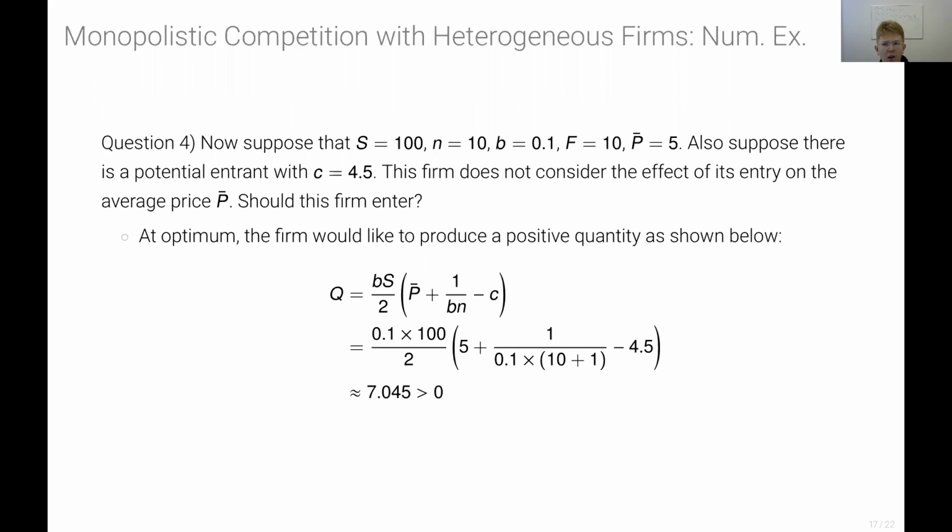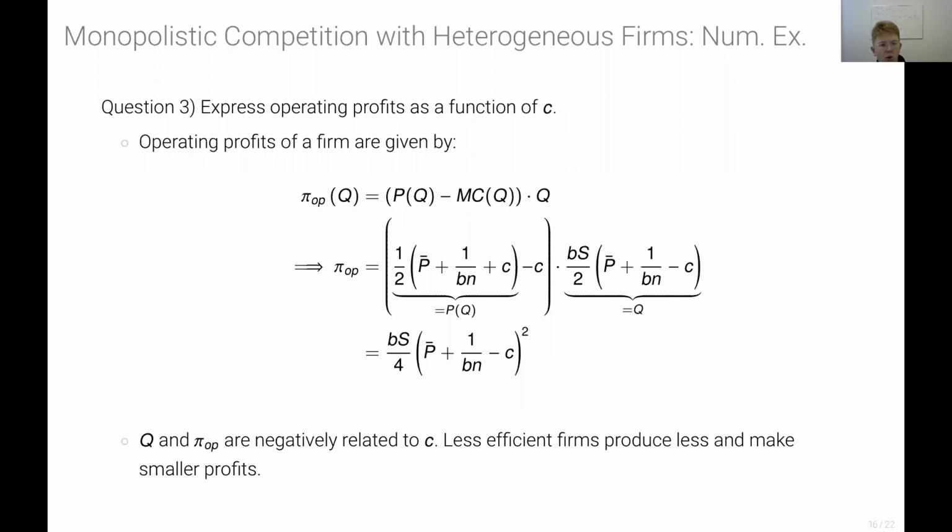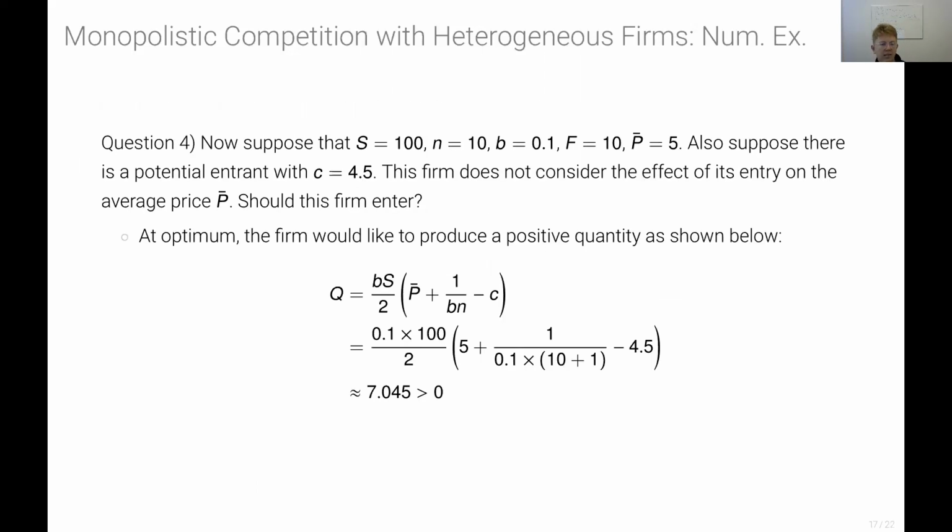Okay, so now question 4 says, given that we've solved for what operating profits look like as an expression, now we're going to give some values for S, N, B, F, and P bar, and then take into consideration the perspective of a potential new entrant. We want to calculate their operating profits, and ask whether or not they'll be willing to enter this market, given that they have to cover the fixed costs.